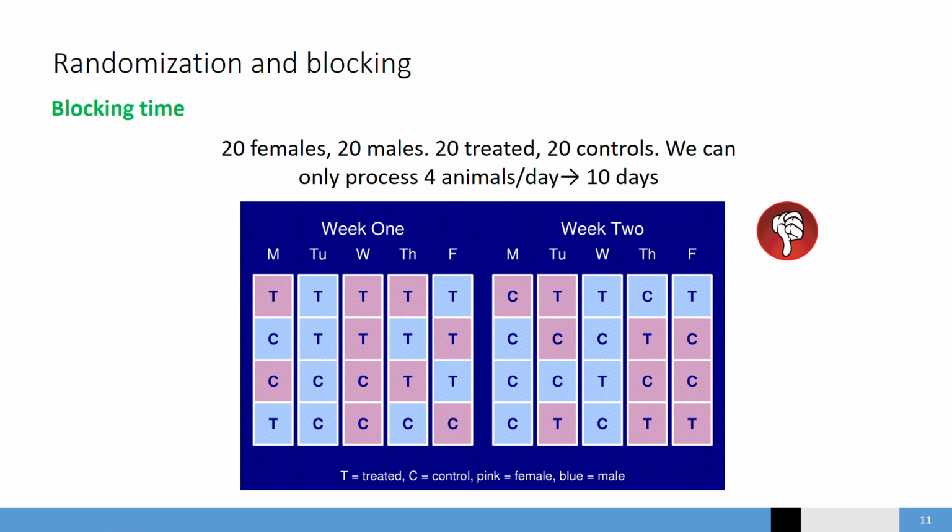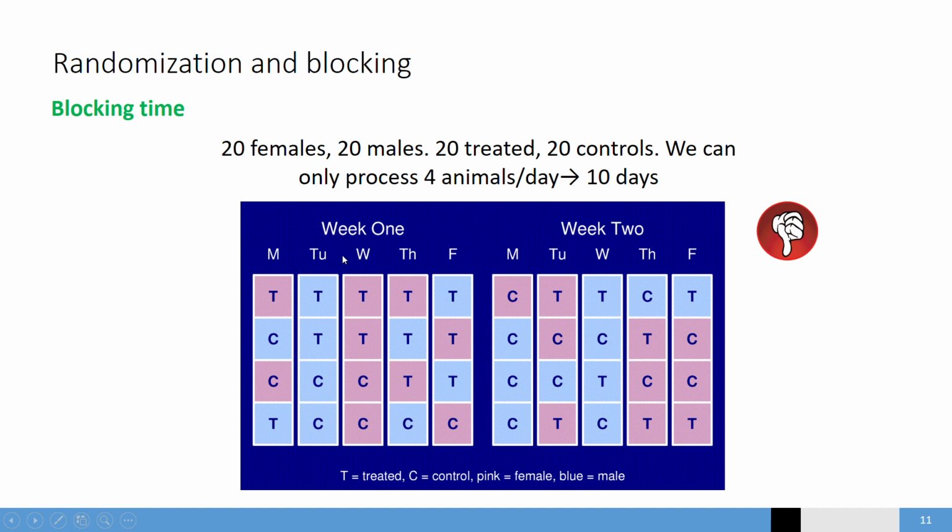Let's say that in our facility we have people working in shifts. There is a person who works on Mondays, Wednesdays, and Fridays, and another person works on Tuesdays and Thursdays, and they will conduct our experiment.